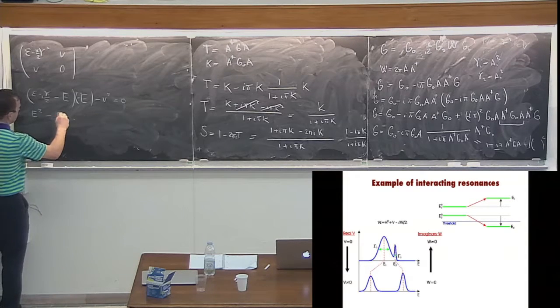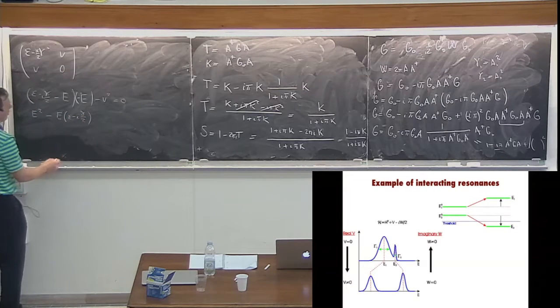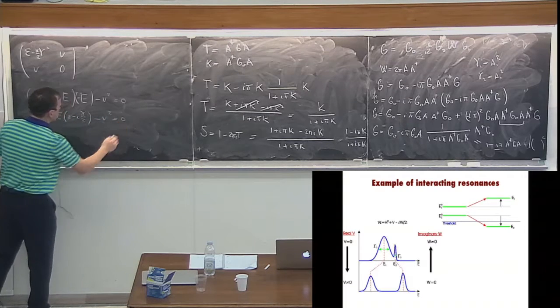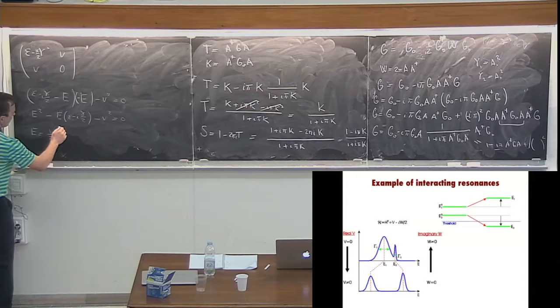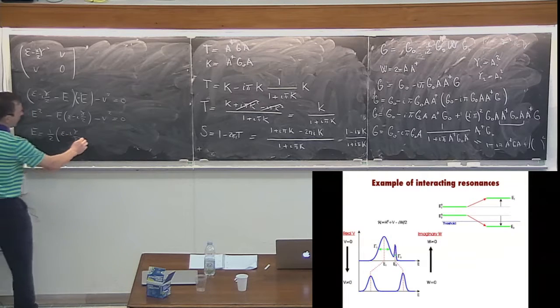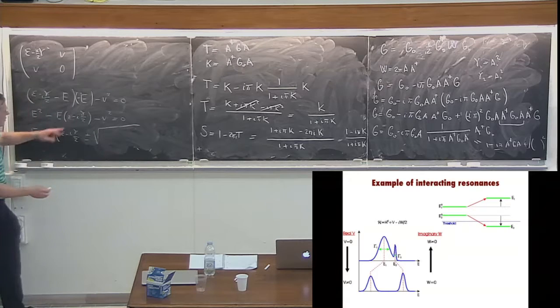So this is a quadratic equation in the energy, and the solution is energy equals 1/2 of E minus i gamma over 2, plus or minus the square root of this term squared.